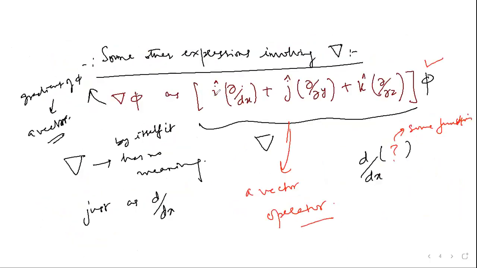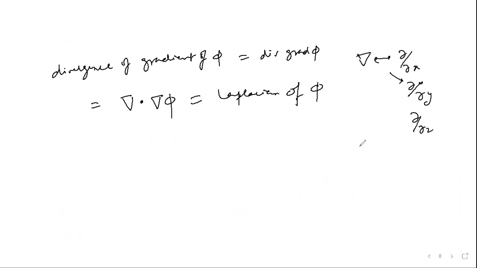Components of gradient of phi are dou by dou x of phi, dou by dou y of phi, dou by dou z of phi, right? So what will it become? Gradient of phi, I will write in another color, as components dou by dou x of phi, dou by dou y of phi, and dou by dou z of phi.